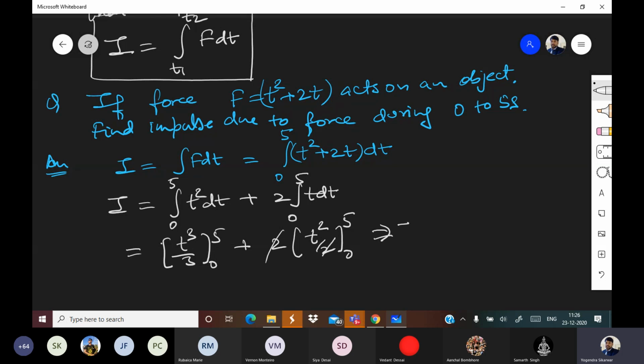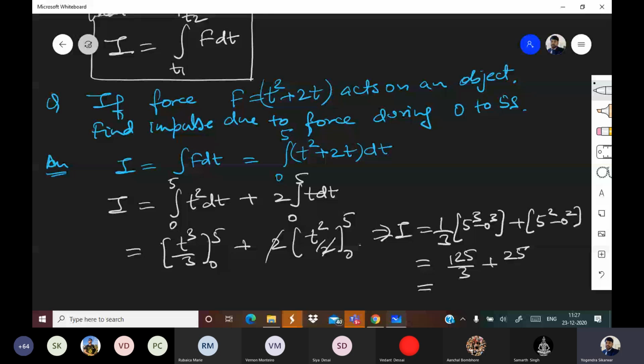So I is equal to 1 by 3 (5 cube minus 0 cube) plus (5 square minus 0 square). 5 cube by 3 is 125 by 3, plus 5 square is 25. 125 by 3 plus 25 becomes 200 by 3 newton second.